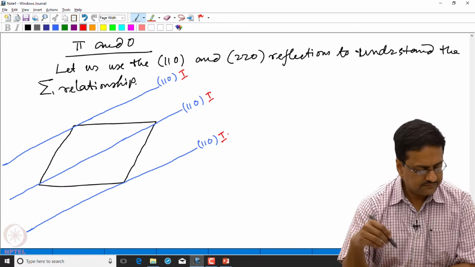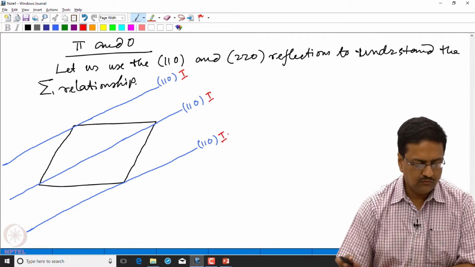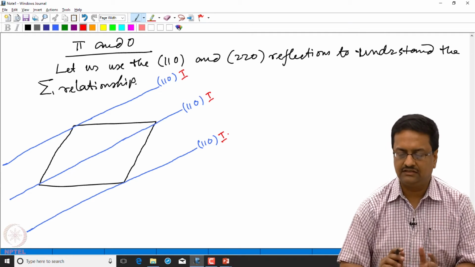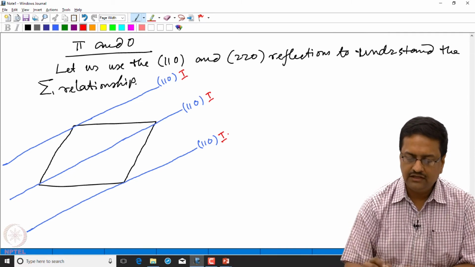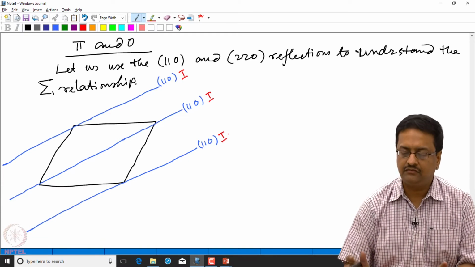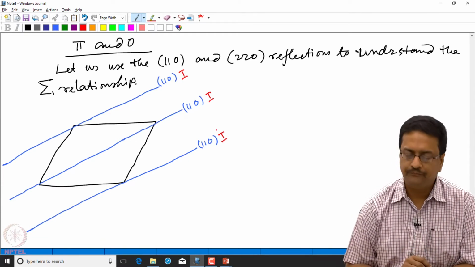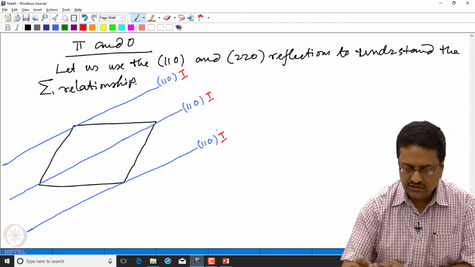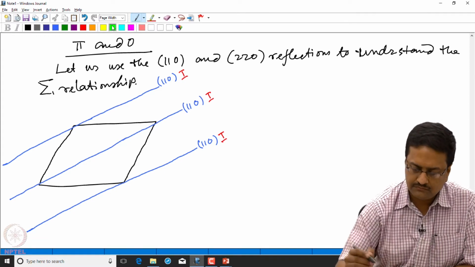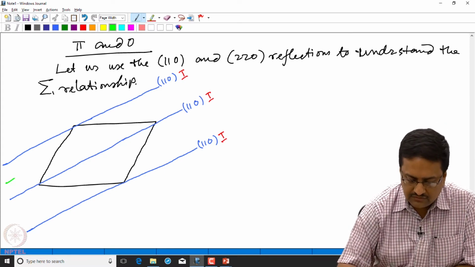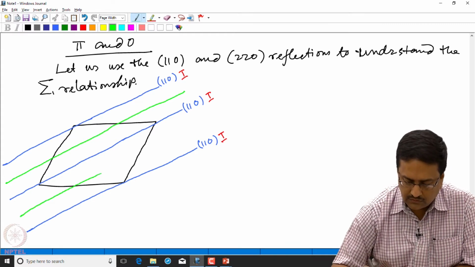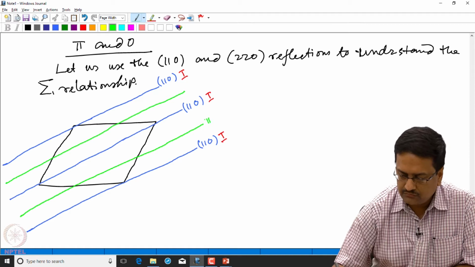Now, in case of these 110 reflections, the maxima of the electron density will appear close to 1 and the minima will appear close to the lines which I am drawing in between and marking as 2.